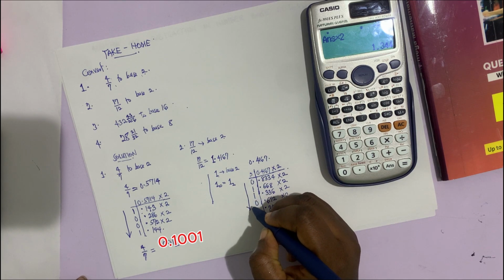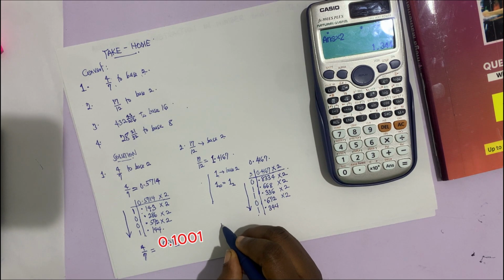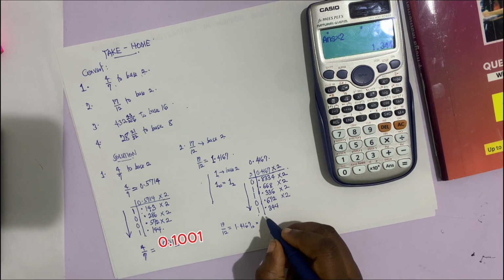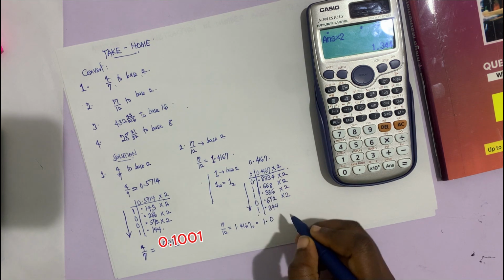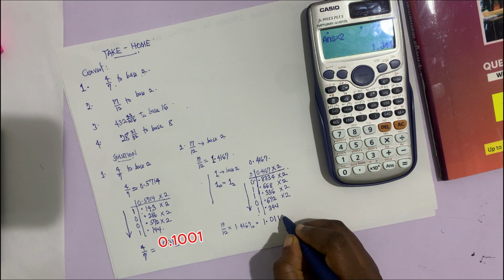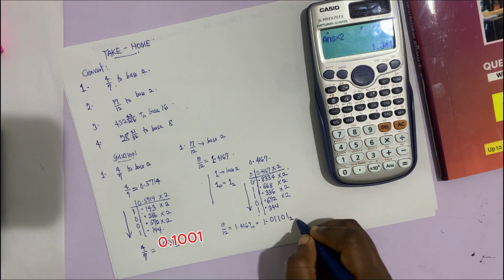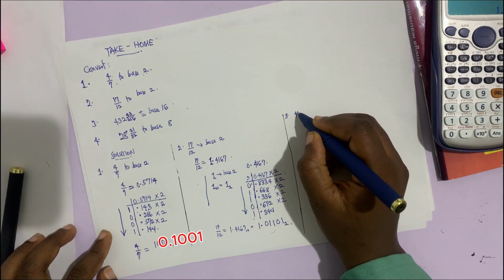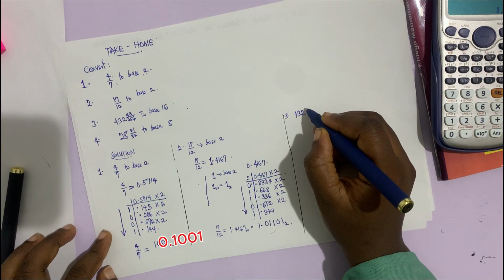We read from top to bottom, and so 17/12, which is 1.4167 base 10, will become 1.01101 base 2.